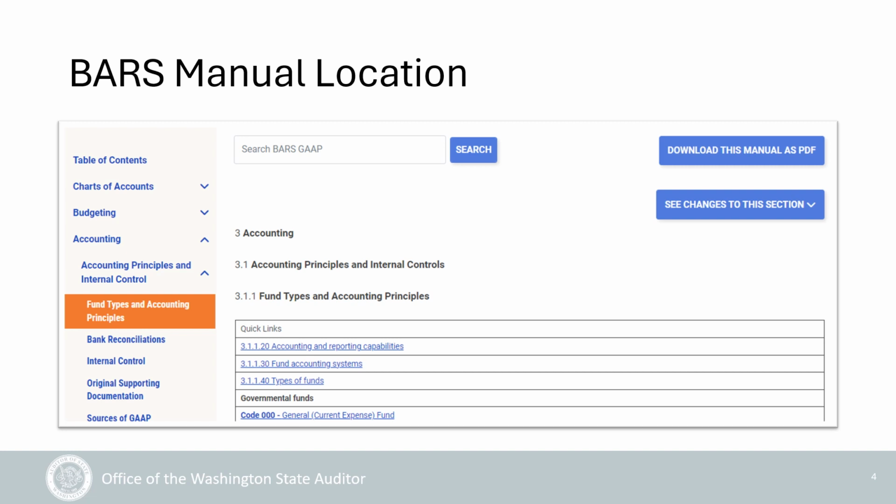Once in the manual, on the left-hand side menu, click the Accounting section, then Accounting Principles and Internal Control. The first selection in this submenu is Fund Types and Accounting Principles. This is the section that we will be covering today.